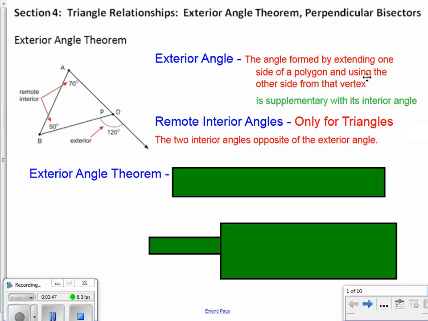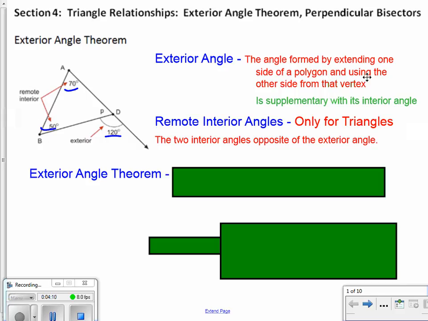So what is our exterior angle theorem? Well, the original theorem, when geometry was first found out by Euclid, back in the days of BC with our Greeks, he said that the exterior angle, this 120 degrees, had to be bigger than either of these ones. So it's bigger than 70 degrees, it's bigger than 50 degrees.